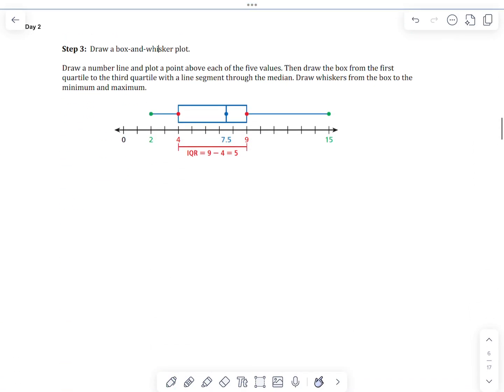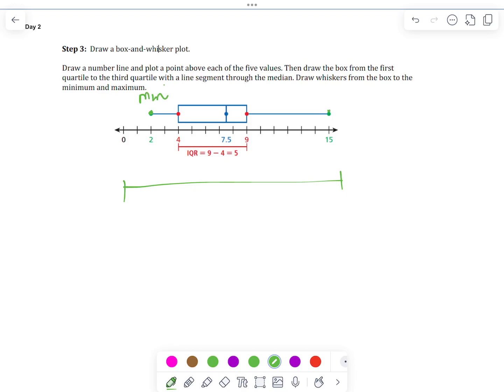So then what we do is we create a number line. Here's our number line from 0 to 15. And you put dots. This is your minimum, and this was your maximum. And then here's your median, Q2. And here's Q3 and Q1. So there's your 5 data points.